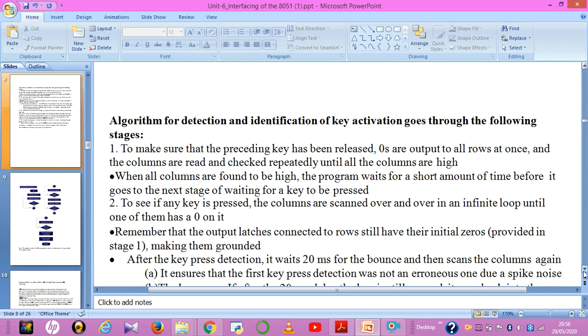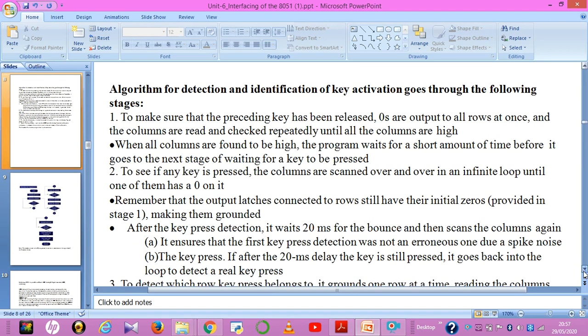That is, the algorithm for detection and identification of key activation goes through the following stages. Again, the same thing that I explained there, I have written in terms of an algorithm. According to the program, I have given some delays for checking the key press.